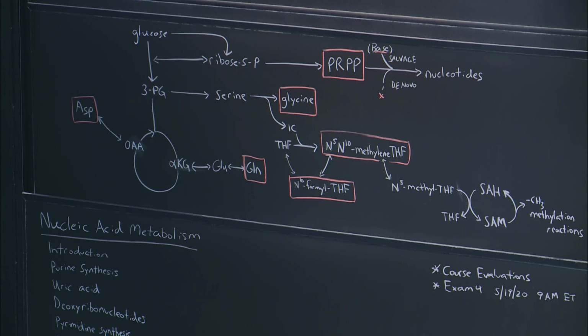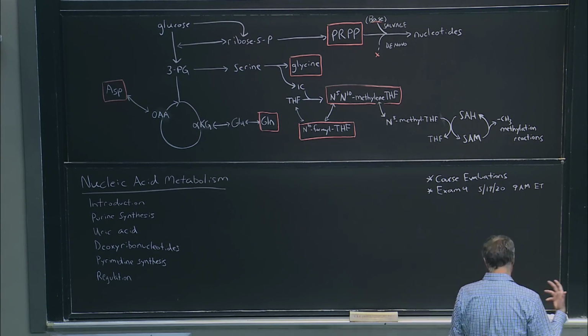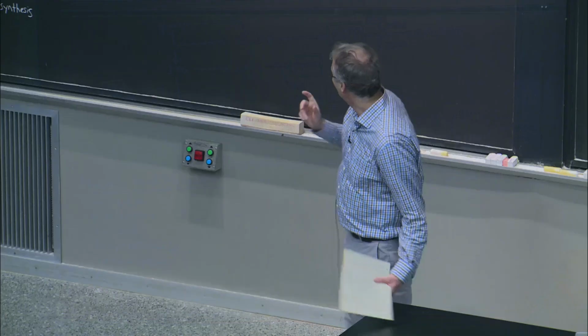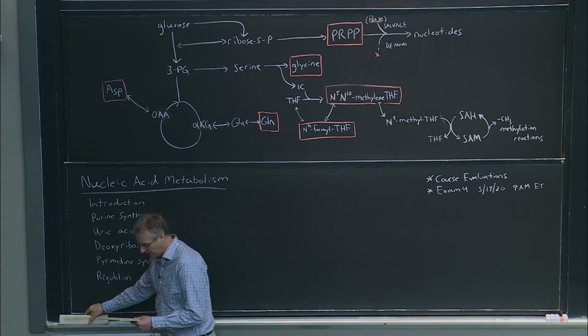Now, I recognize that folate metabolism can be very confusing. The structures are complex, the names are long and convoluted and hard to incorporate, but if you can think of it as just transferring one-carbon units of a different oxidation state, hopefully that will help you better understand what's going on in folate reactions.